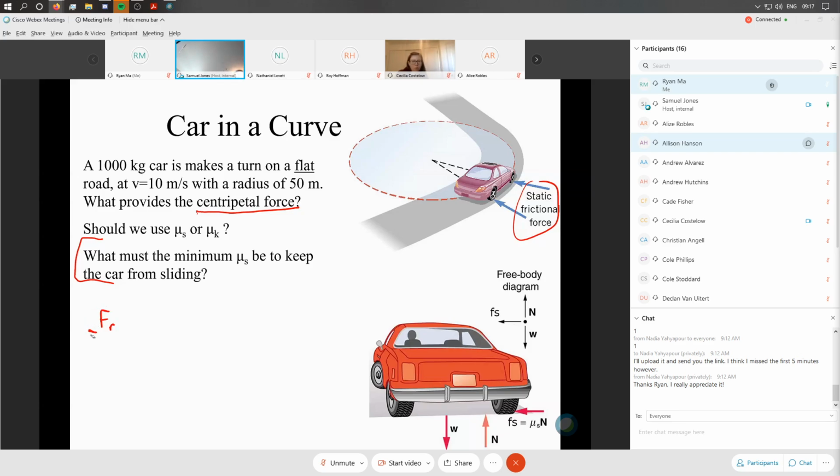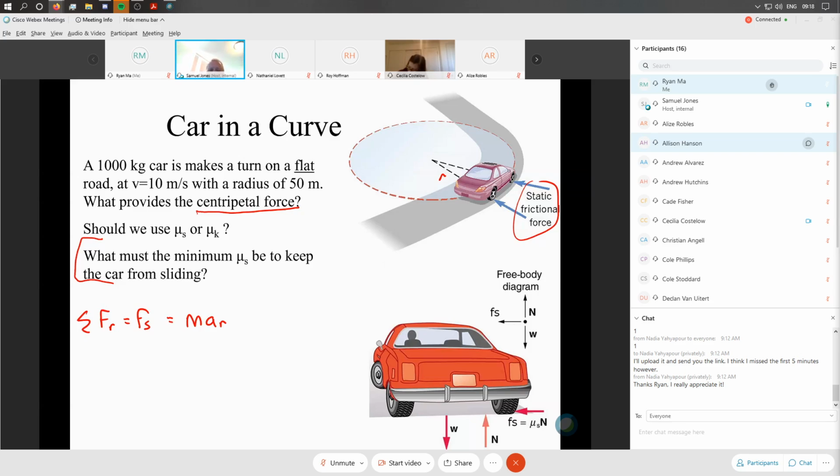Let's try that again. The net force acting in the radial, meaning the r direction, is equal to, well, there's only one of them, and that's Fs. We already talked about that, it's our force of static friction. And that's going to be equal to mass times my radial acceleration. Well, that equation is correct, but it doesn't look very helpful yet.